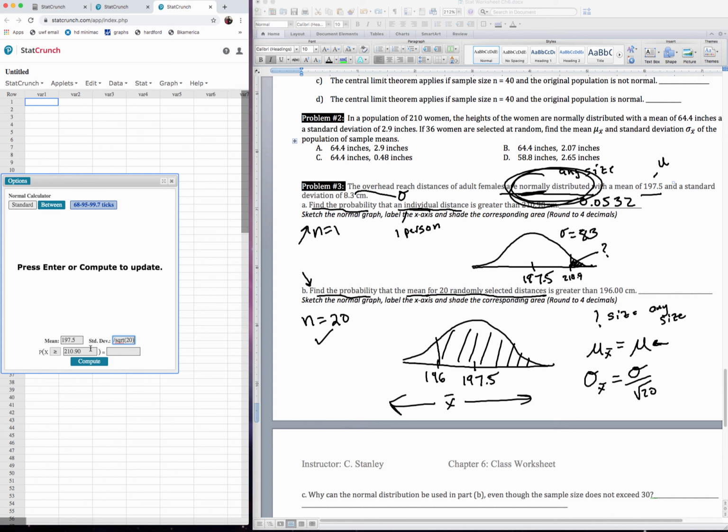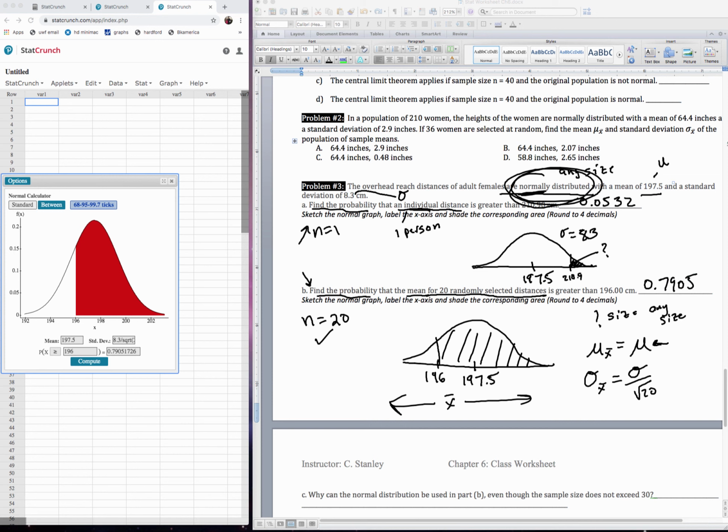Okay, we're still at greater. They said greater than 196. And hit compute. So 0.79. So that's the key. When you take a sample, you have to remember to take the original standard deviation divided by the square root of how many you picked.